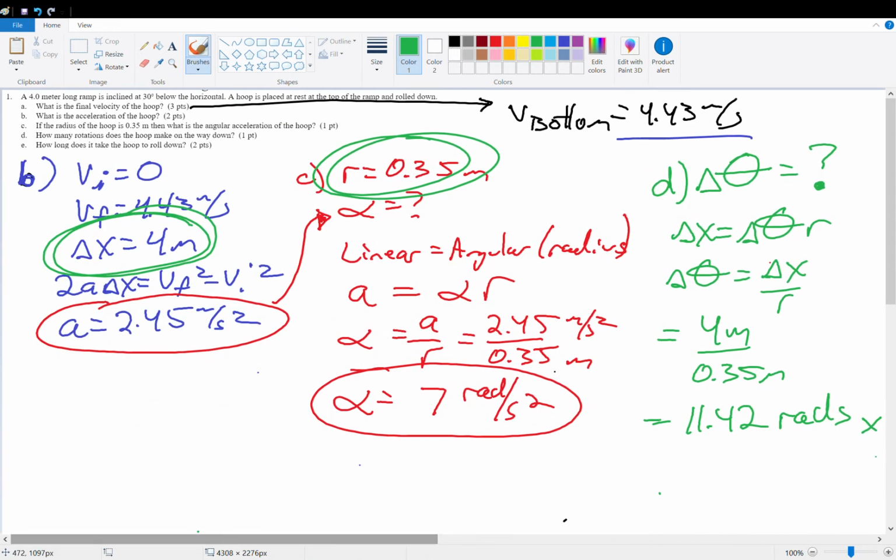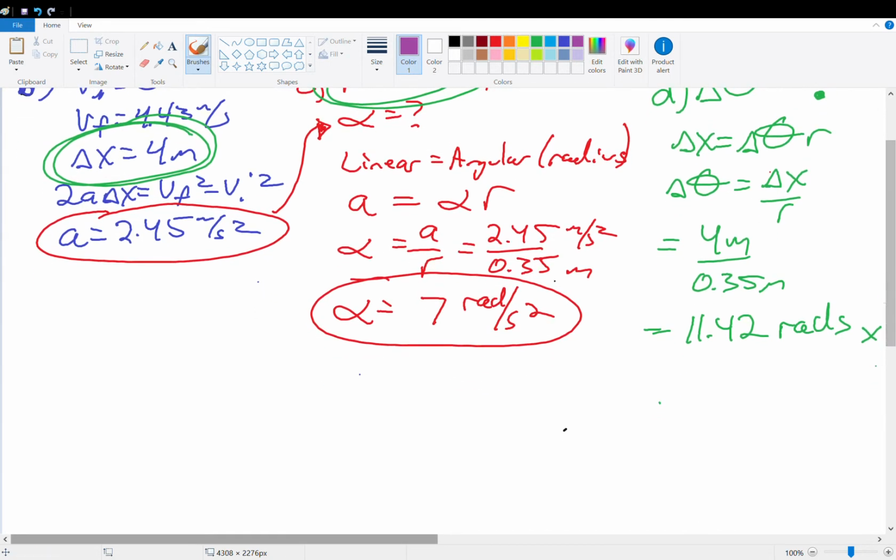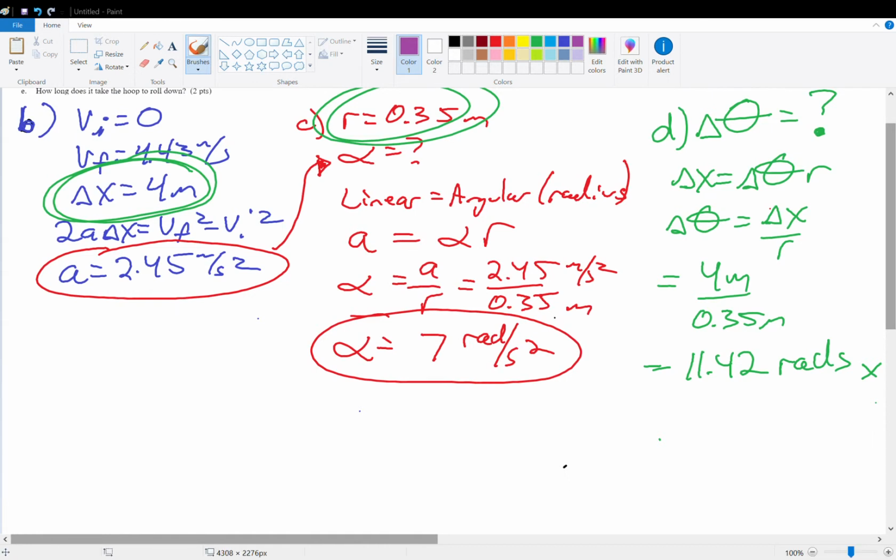And then finally, E. We've already done the hard work for E. It asks, how long does it take the hoop to roll down? I'm going to do E right here. Check it out. I know vi, I know vf, I know delta x, I know a. So probably the easiest way to find the time is to use this equation.